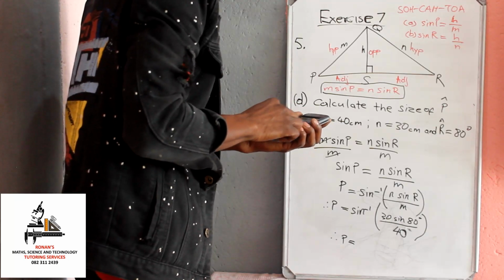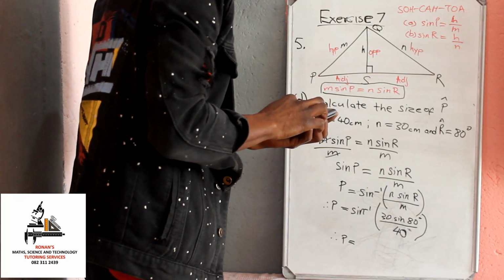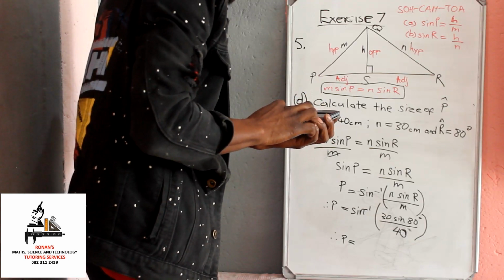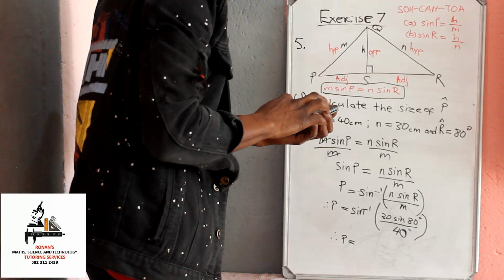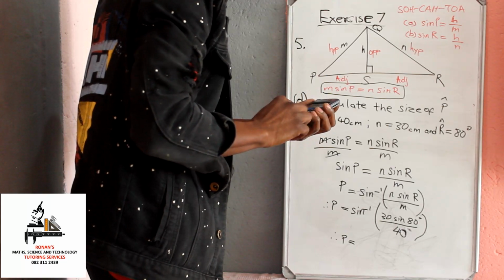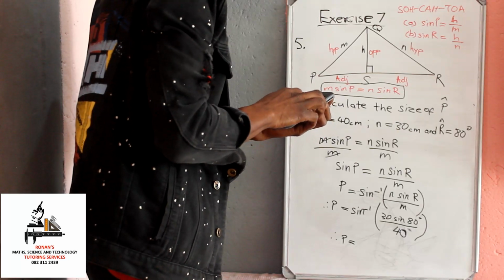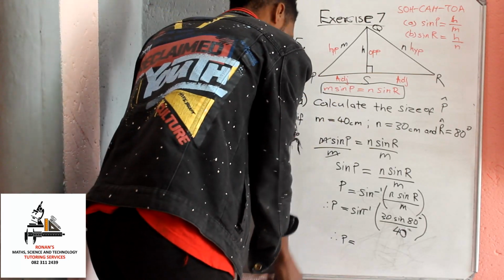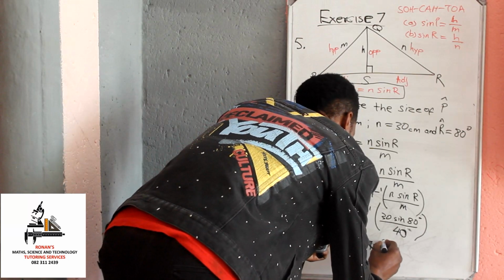Okay, and therefore P will be equal to, you punch that into your calculator, arc sine of 30 sin 80 all over 40, and that's going to be equal to 47.6 degrees.